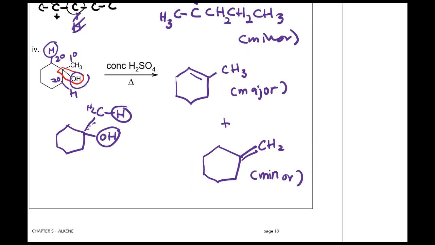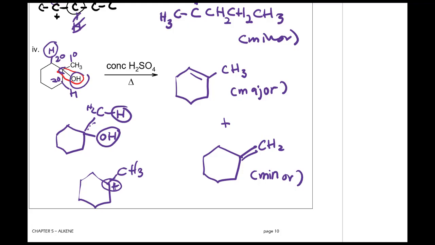Okay, for this one, the carbon attached to OH is already tertiary. So you will have a tertiary carbocation if OH leaves as water. So you already have a tertiary carbocation, so no need to rearrange.